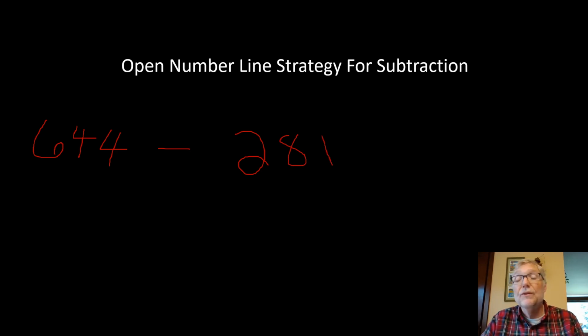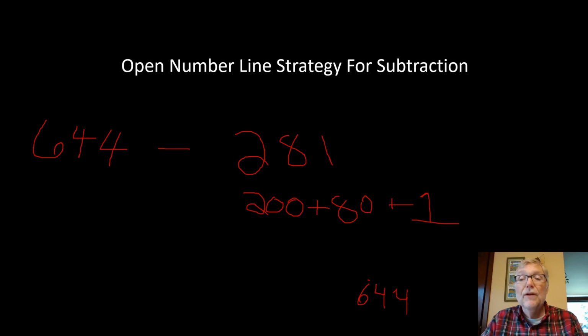Now, in most instances, you would have to do some borrowing, but since we're using the open number line, you don't have to do it. Now I'm going to expand 200 plus 80 plus 1. And now I'm going to subtract 200, and I'm going to subtract it from 644.